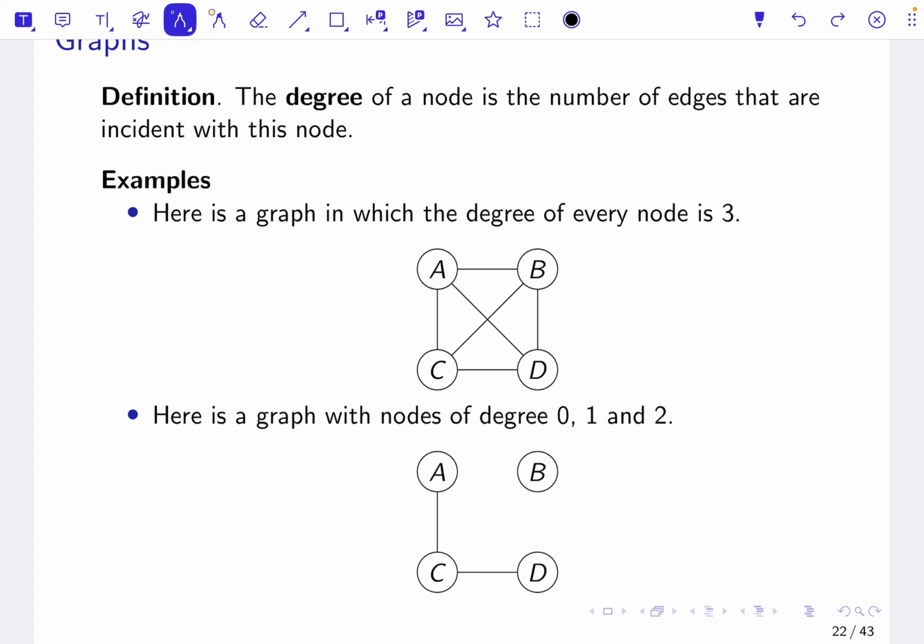I don't know. This will be more applicable when we get to weighted graphs, where edges can have numbers associated with them. And then those numbers can represent how far away nodes are, or how much it costs to get from one point to another.